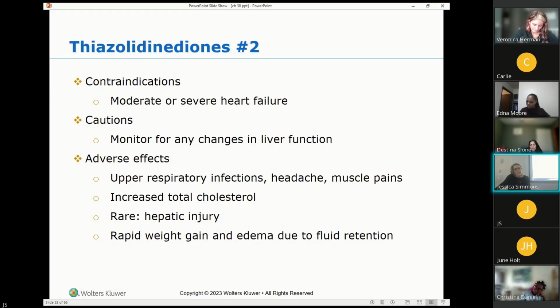And the adverse effects, you could have upper respiratory infections, headache, muscle pains, increased total cholesterol, rapid weight gain and edema due to fluid retention. These are not common medications. The adverse effects are probably too great for this to be a common medication to be prescribed.